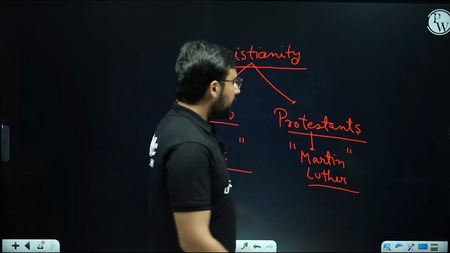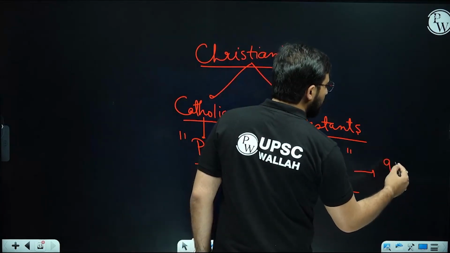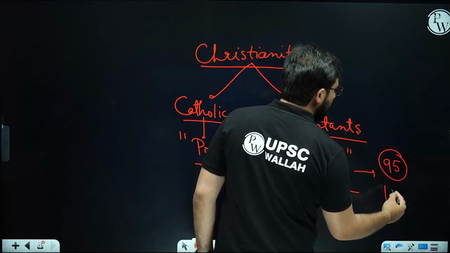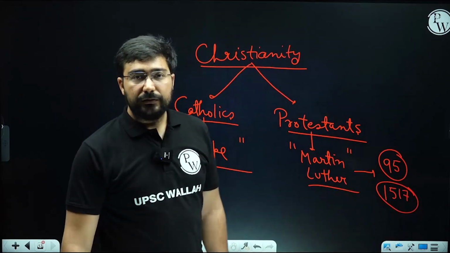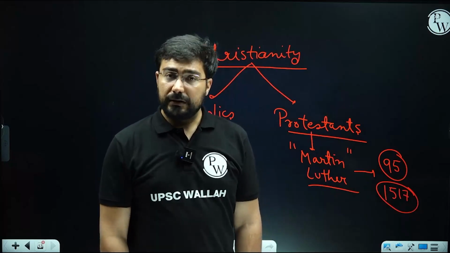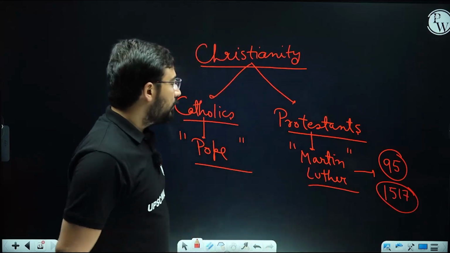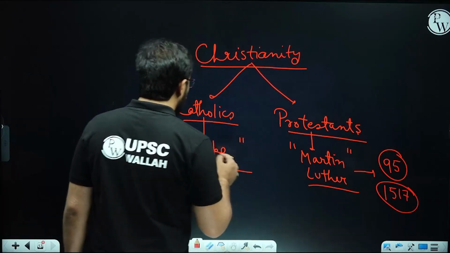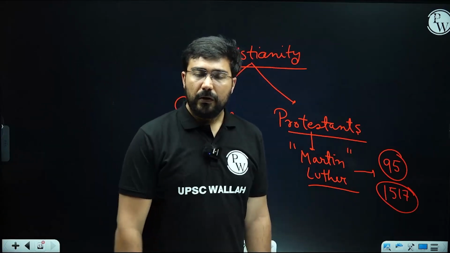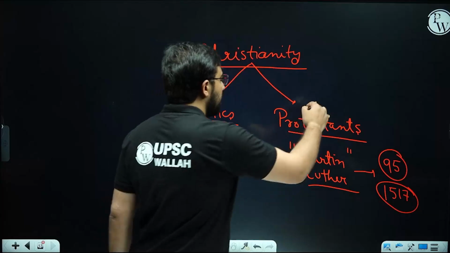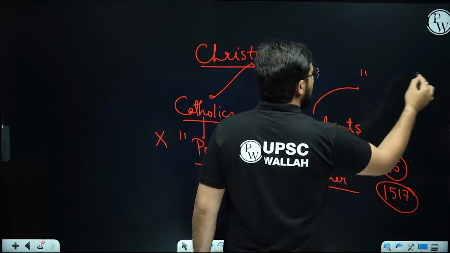Martin Luther asked 95 questions to the church in 1517, and these were very difficult for the church to answer. That's why Martin Luther said that for us it is not important to follow the guidance of the Pope. So this trend came to be known as Protestants.